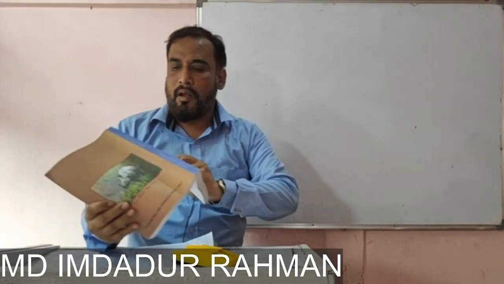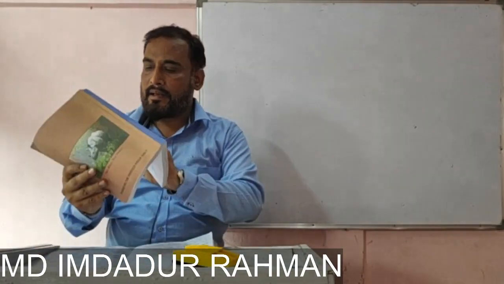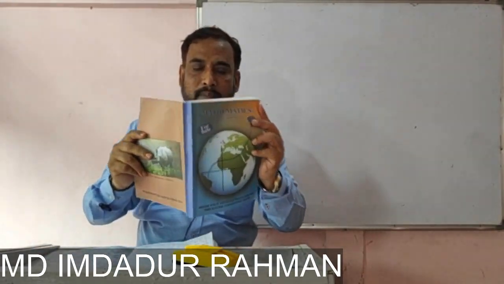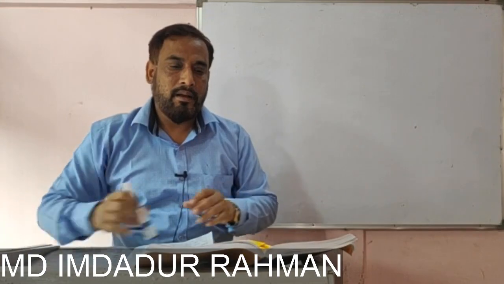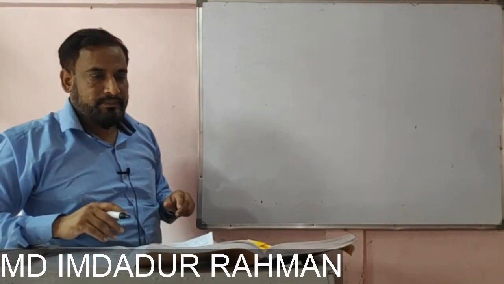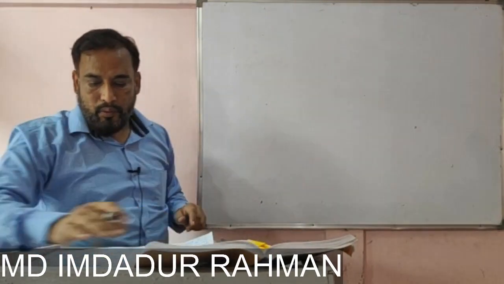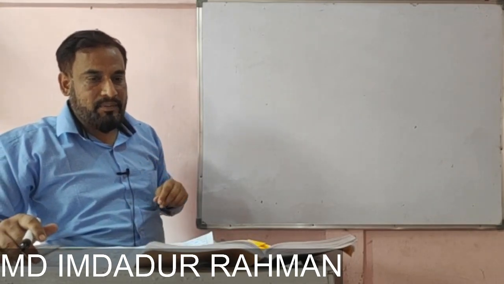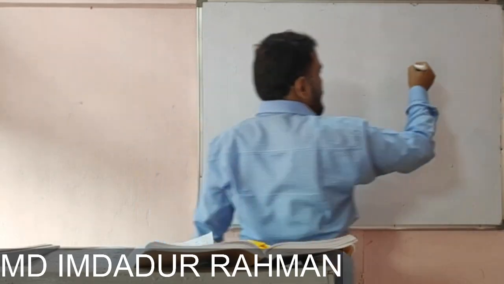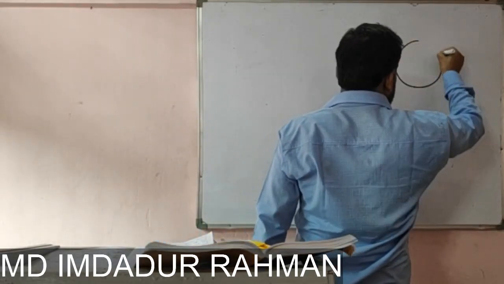You are looking at the textbook, Mathematics Class 10, and we are doing these sums from page number 239. Question number 7. Two concentric circles are of radii 5 cm and 3 cm. That is, two circles having the same center.